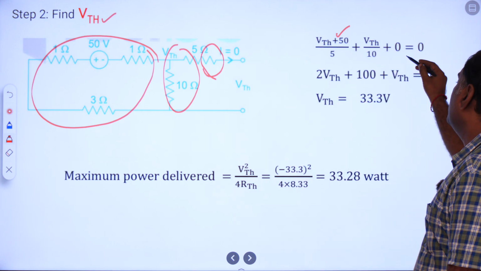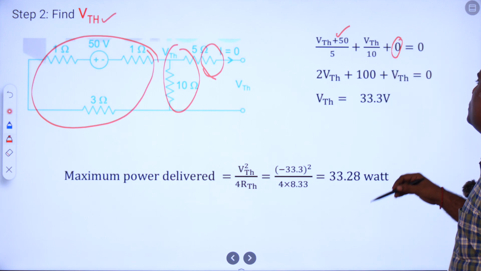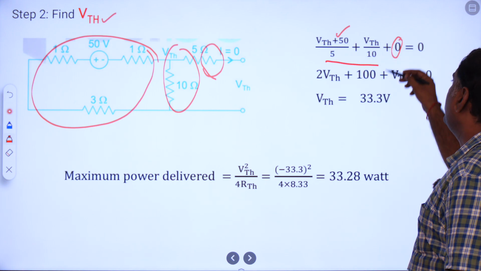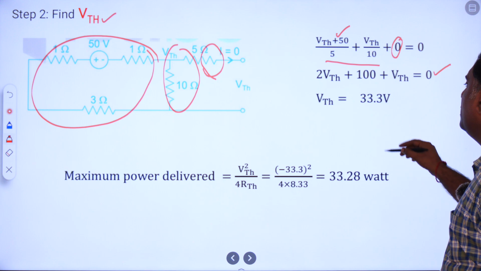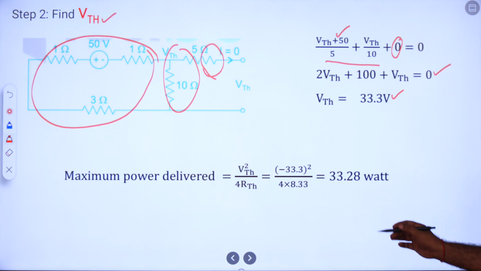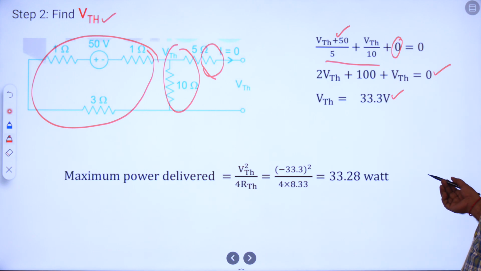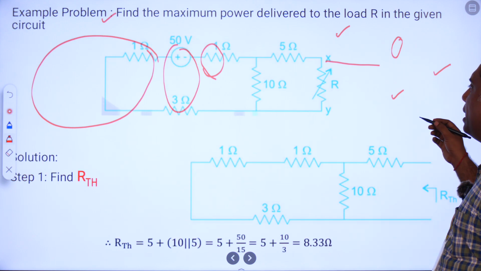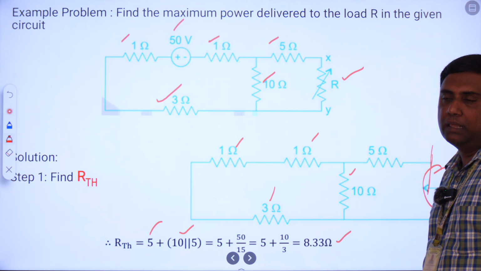After you solve this equation, we find the V Thevenin value as 33.3 volt. So now we know the V Thevenin value and we know the R Thevenin value.